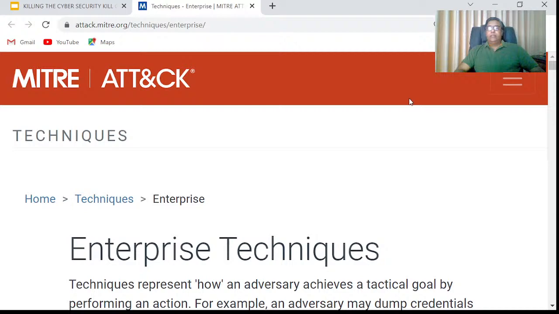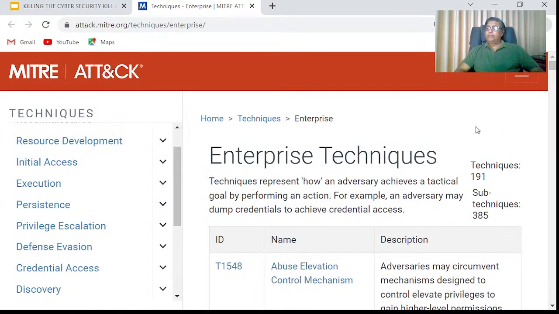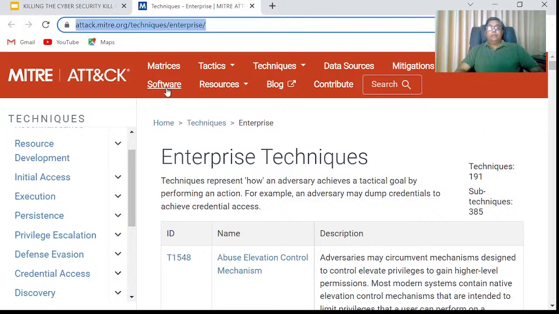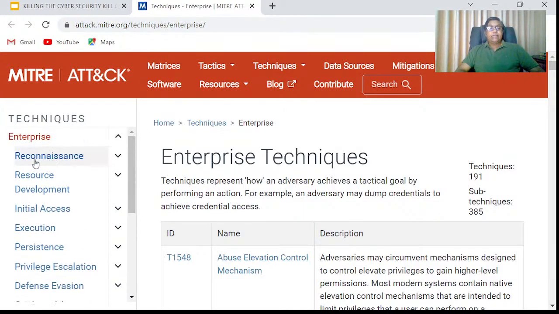If you look at this, there are matrices, tactics, techniques, data sources, mitigations, software, resources, blog, and contribute. So, for example, the tactics are reconnaissance, resource development, initial access, execution, persistence.